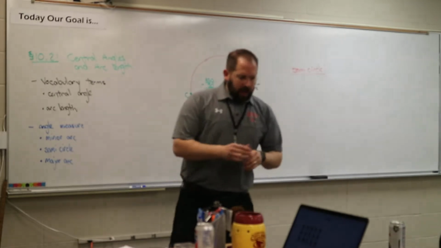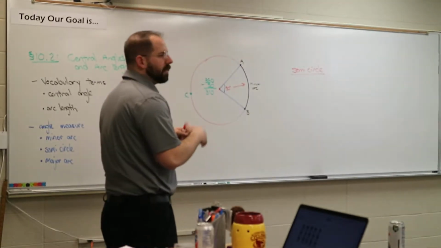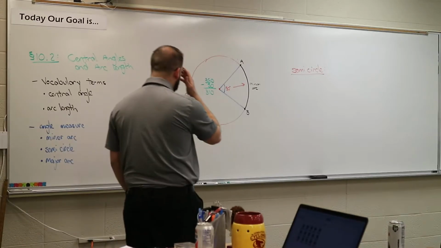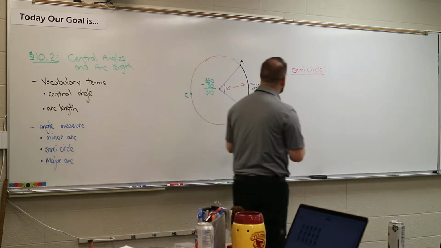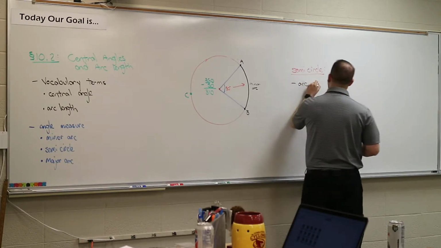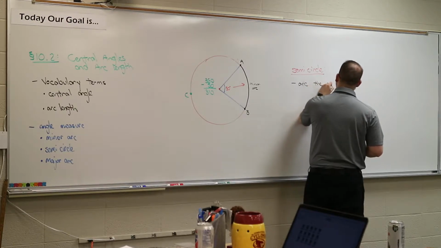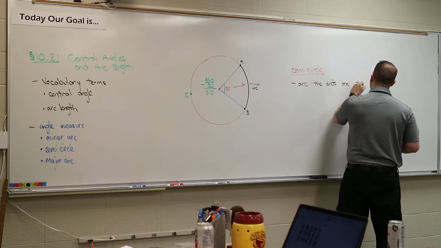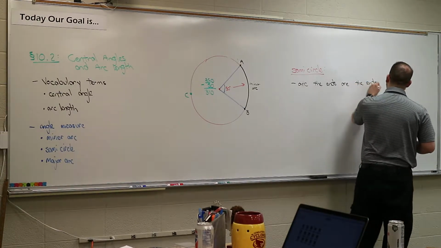Okay, when you write it down, the notation, it's considered a major arc. But a semicircle is anytime you're actually drawing an arc and the endpoints are the endpoints of the diameter.